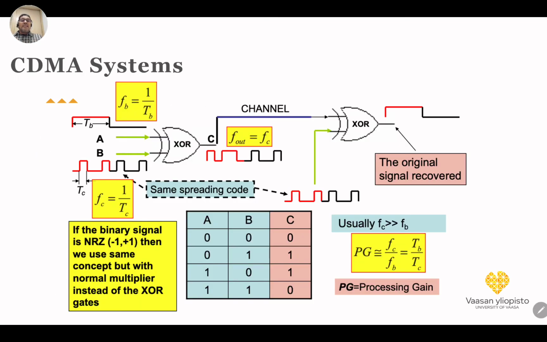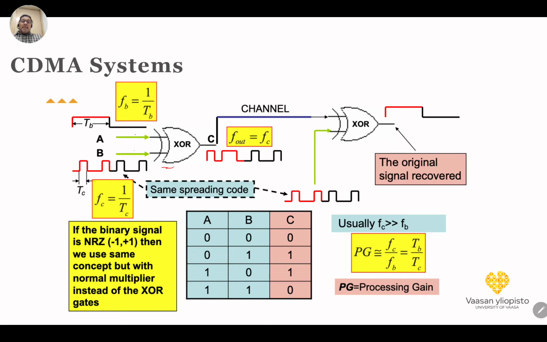In case you use 0 and 1, you use XOR instead of multiplication. Why? Look at this. We have the XOR with inputs A and B. This is the truth table of the XOR: 0 0 0, 0 1 1, 1 0 1, 1 1 0. This is also called modulo 2 summation.